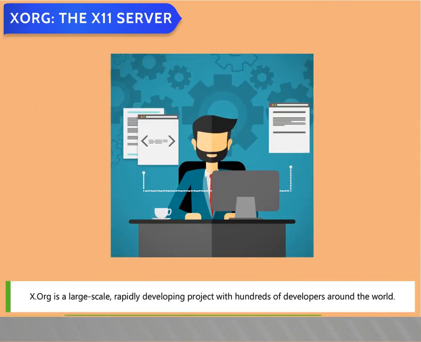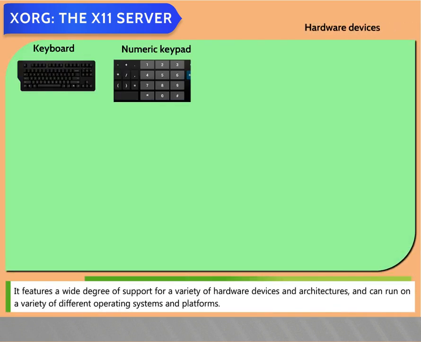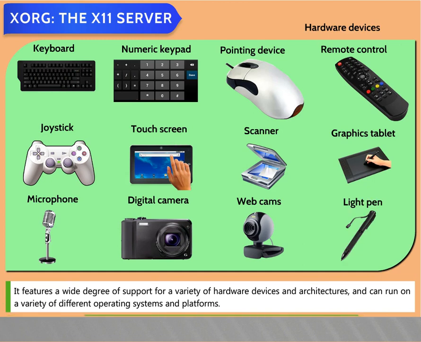XORG is a large-scale, rapidly developing project with hundreds of developers around the world. It features a wide degree of support for a variety of hardware devices and architectures, and can run on a variety of different operating systems and platforms.